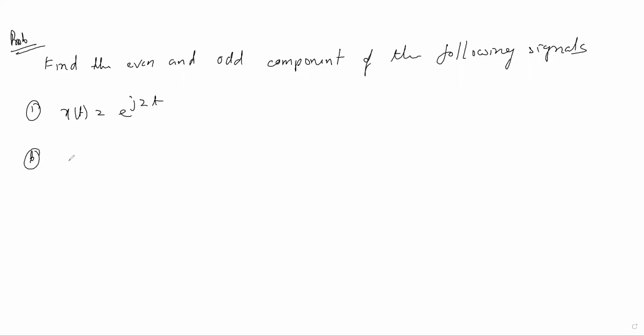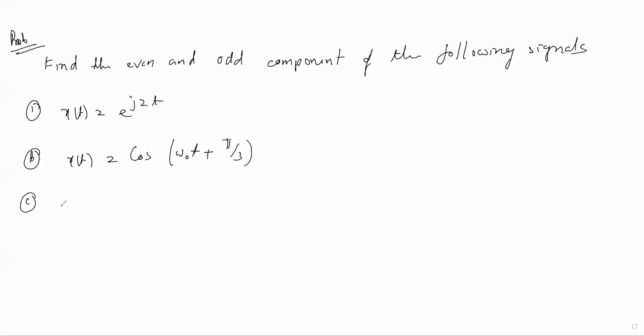Second will be x of t equal to cos omega naught t plus pi by 3.